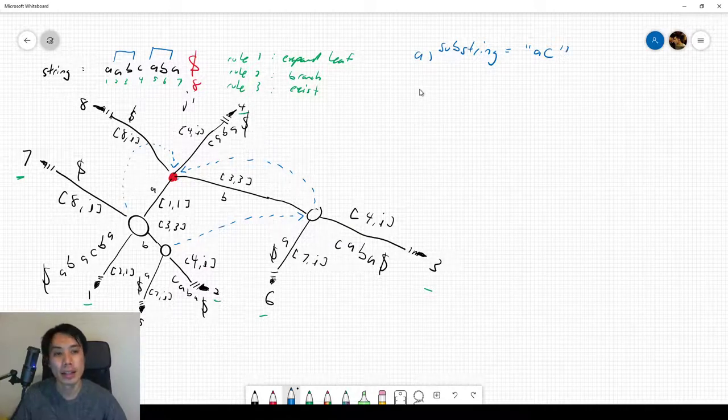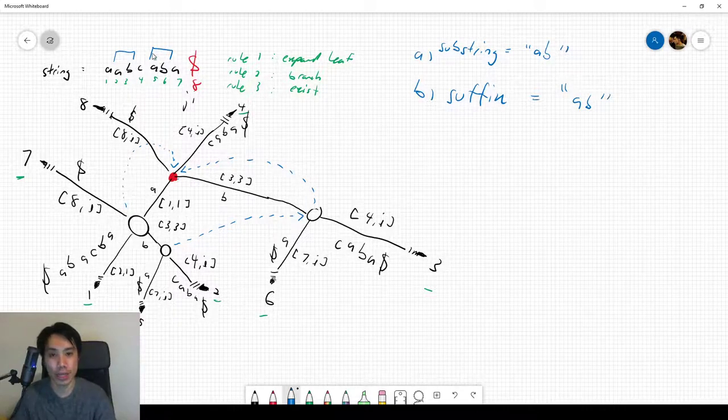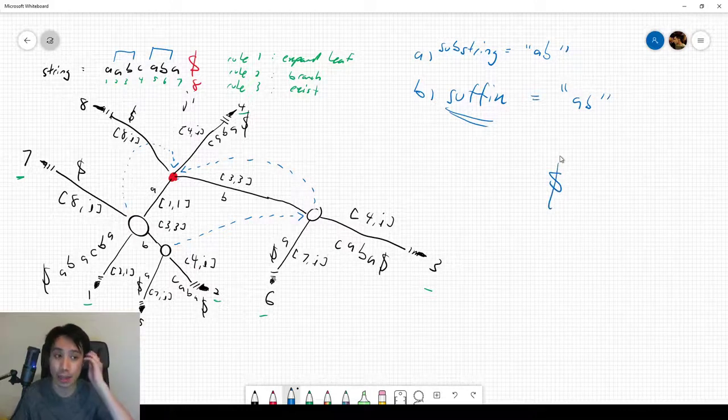My next question is to see if a suffix exists. Let's say my suffix is AB. We saw earlier that the substring AB exists, but you realize AB is not a suffix because it doesn't end at the back of the string. How are you supposed to know if it's a suffix? It will be a suffix if I end with a dollar sign as my next alphabet.